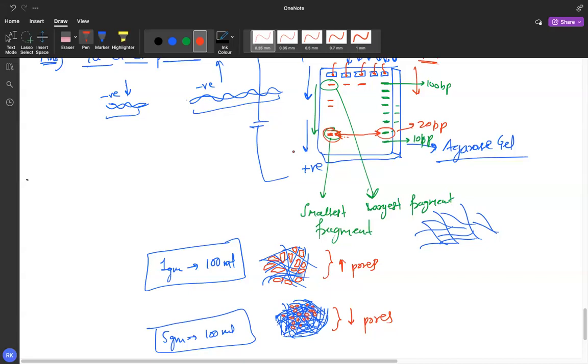So what you have to do next is you will cut this gel using a sterile blade. Cut this piece of gel carrying your DNA. Take this piece out like a burfi and then put it in a solution where the gel dissolves and all your DNA comes into the solution.